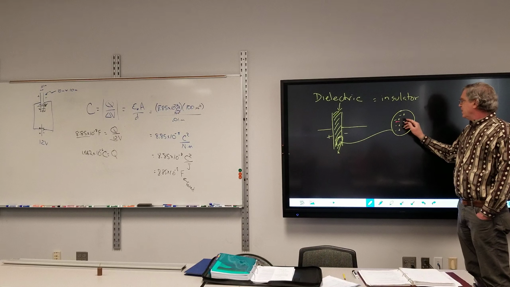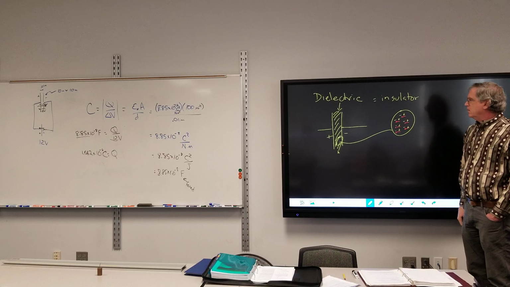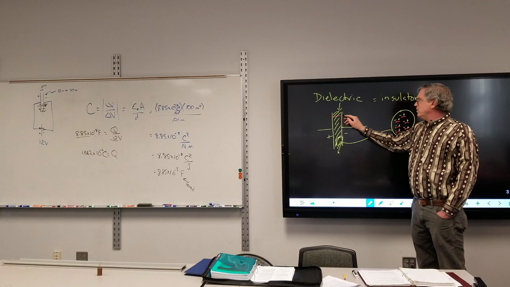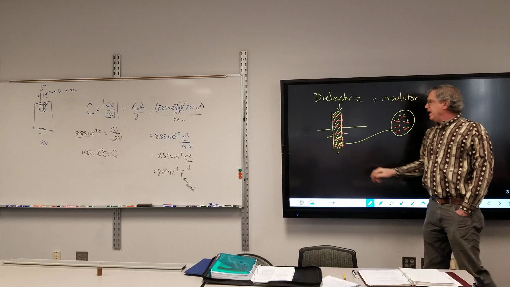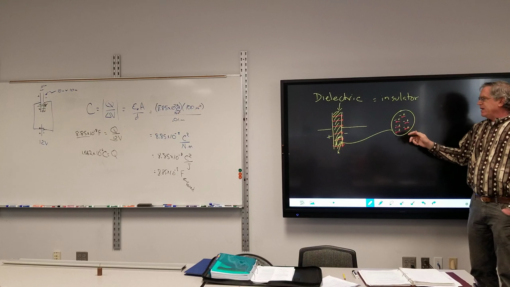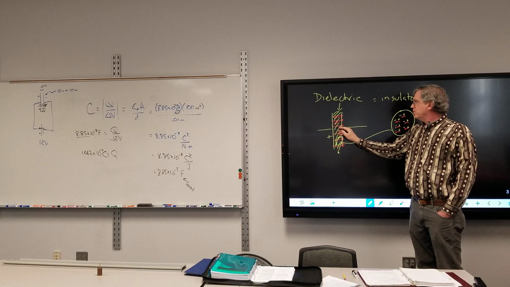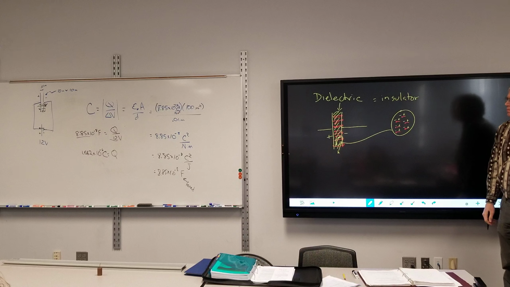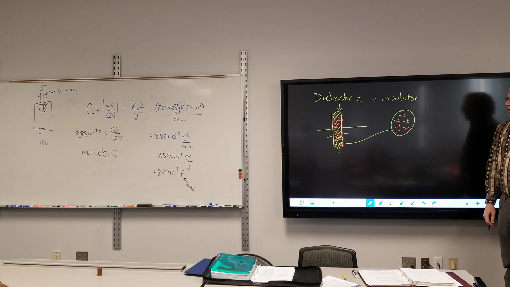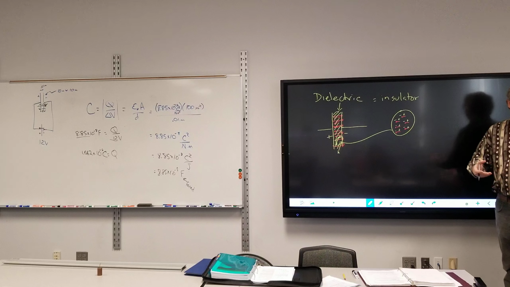It goes from positive to negative. So between the two plates, I have an overall electric field going this way. I add the dielectric, and I now have a lot of little electric fields going back the other way. So if the charge on the plates is fixed, we'll talk about how to fix that.